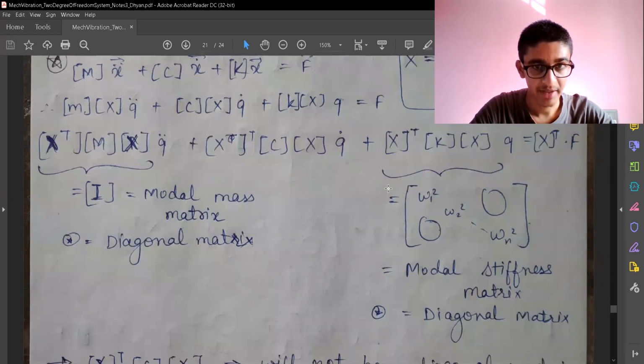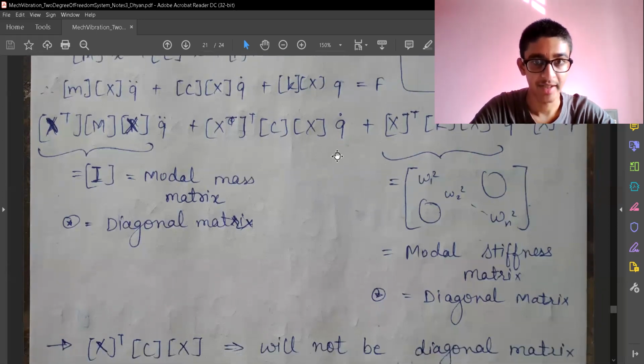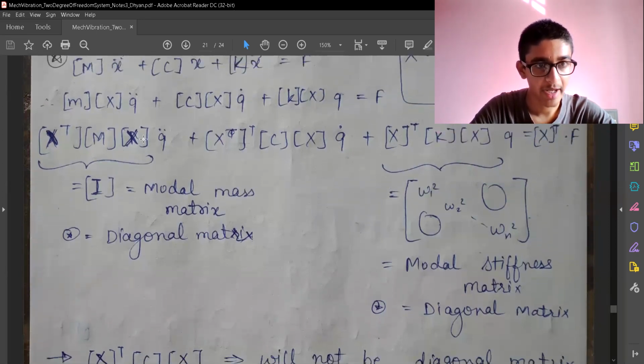Or the second part is, since we have converted it to a modal coordinate system, we want to decouple the system, and that is only possible if we have only diagonal entries in all the coefficients. If the non-diagonal entries are non-zero for this matrix, then it will be tough, or not possible. It is not called a decoupled system.